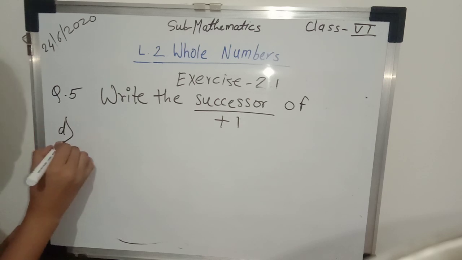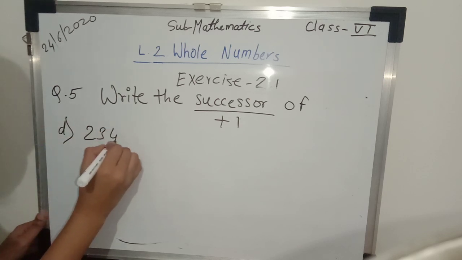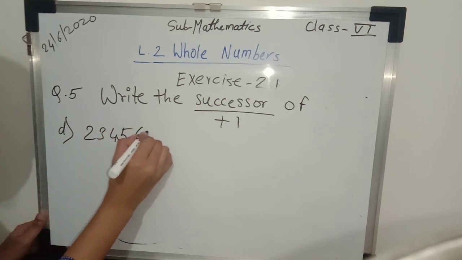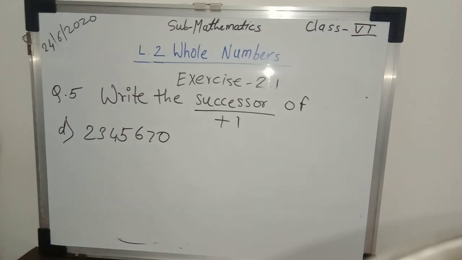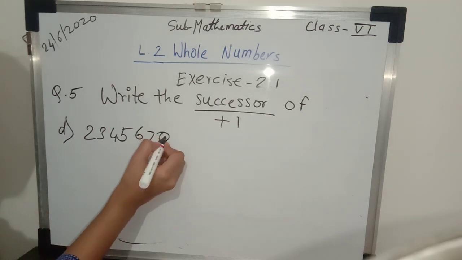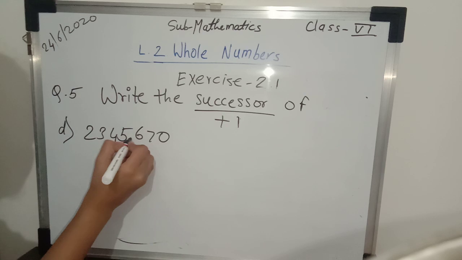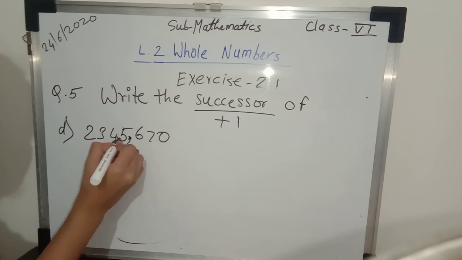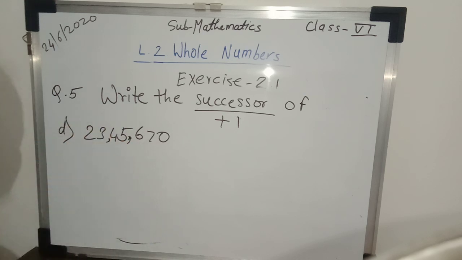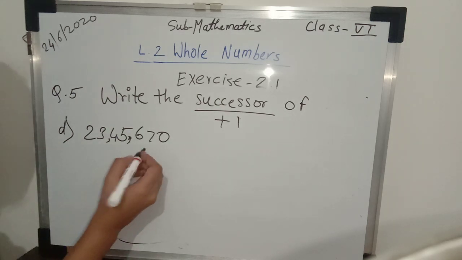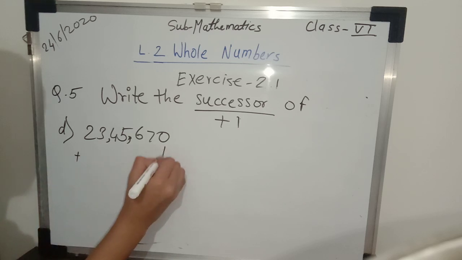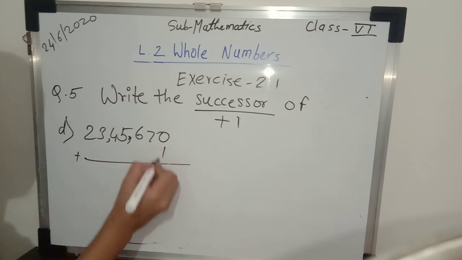Again students will put the comma on the correct place. Ones, tens, 100, 1,000, 10,000, lakh and 10 lakh. So the number is 23,45,671.